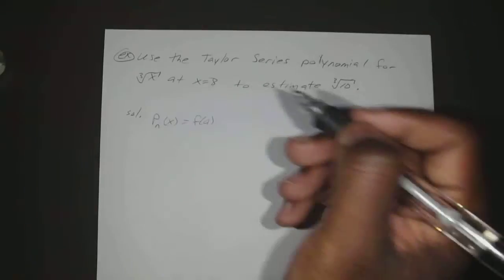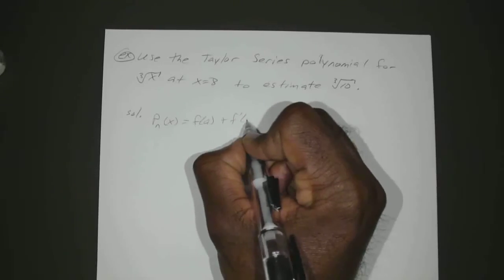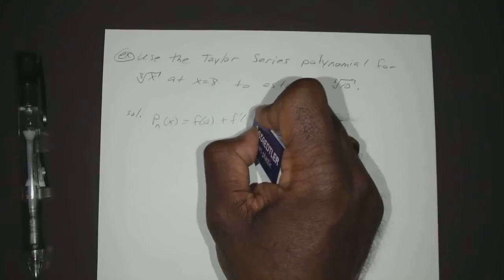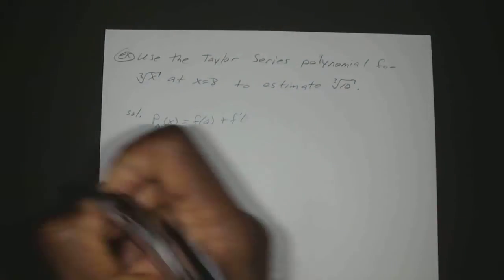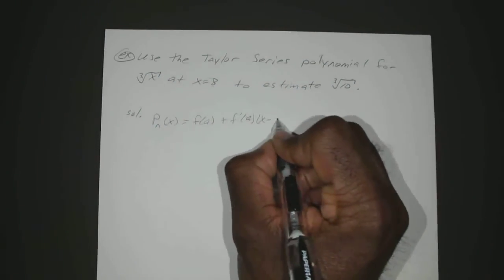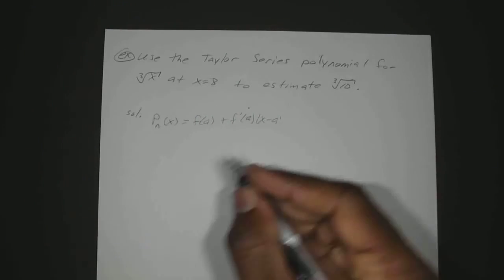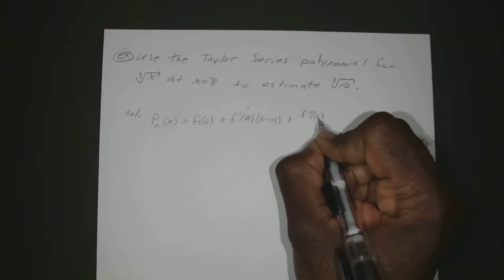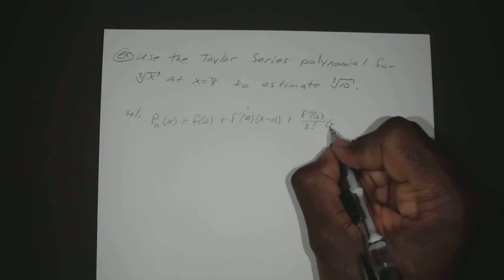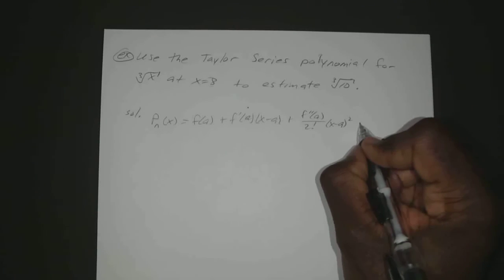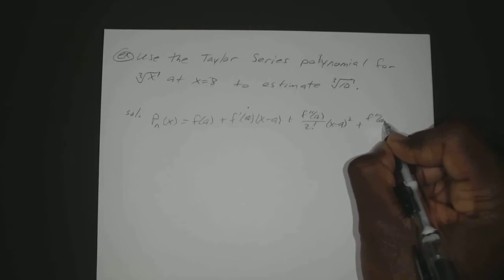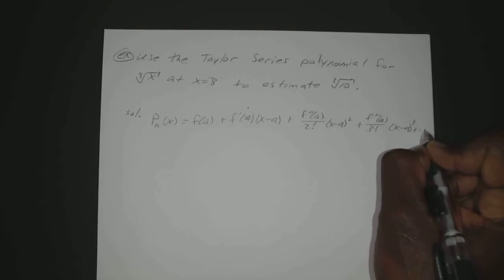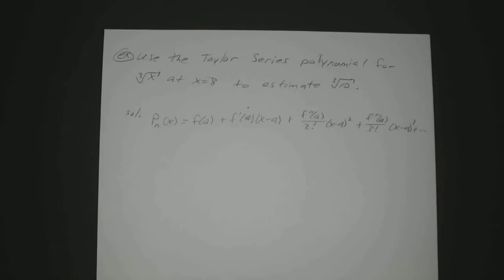We already know a is equal to 8, but f prime of a times x minus a plus f double prime of a over 2 factorial times x minus a squared. Do one more, over 3 factorial times x minus a to the third, so forth, so on and so on.